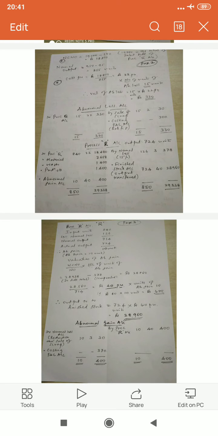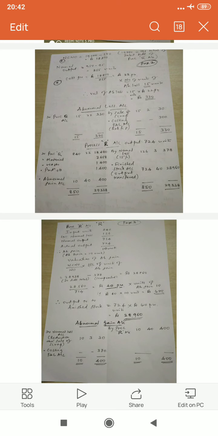So far as process Q is concerned, it is at the rate of rupees 2 per unit. Having been credited at the rate of 2 per unit, the amount would be rupees 30. Now, on the credit side of abnormal loss account by sale of scrap, in the sense by cash, cash would be realized 15 units at the rate of rupees 2.